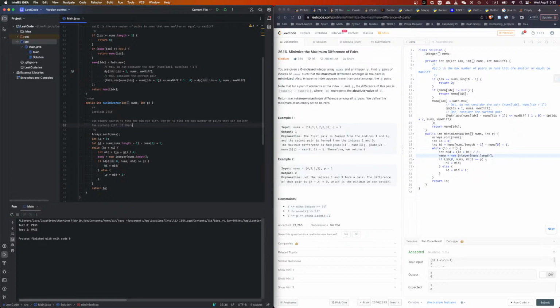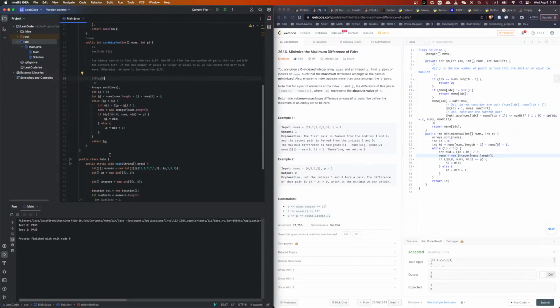If the max number of pairs is larger or equal to P, we can shrink the diff even more. Otherwise, we have to increase the diff. That's O(n log n).